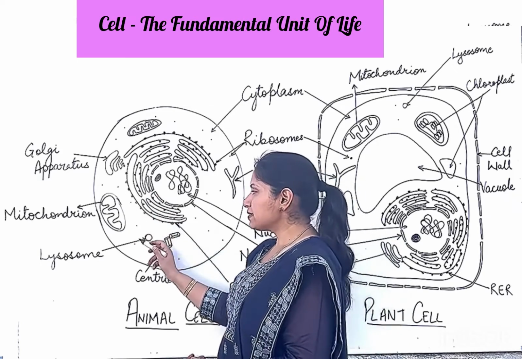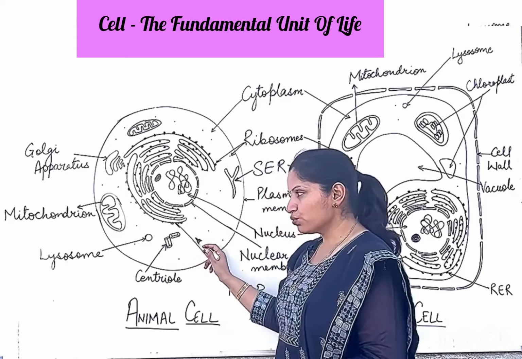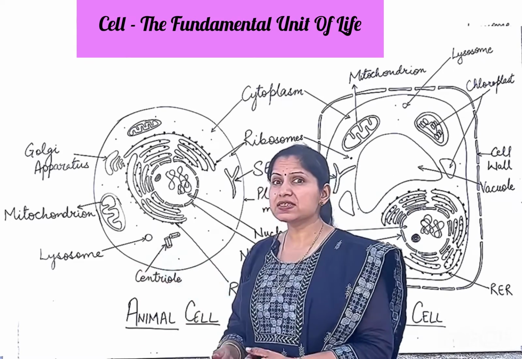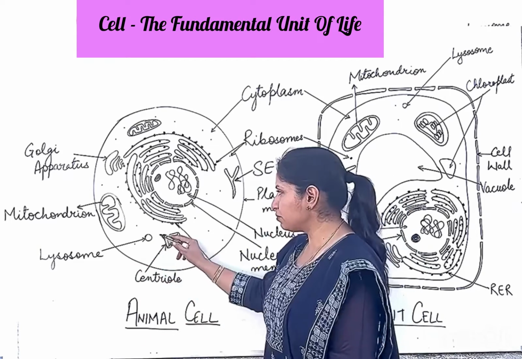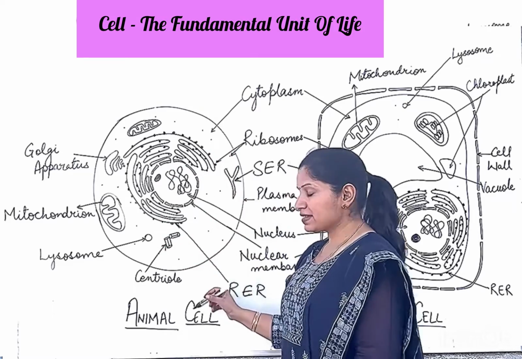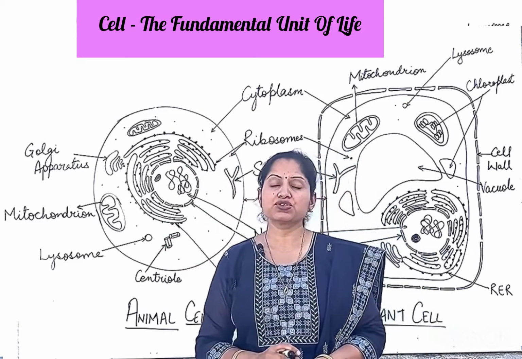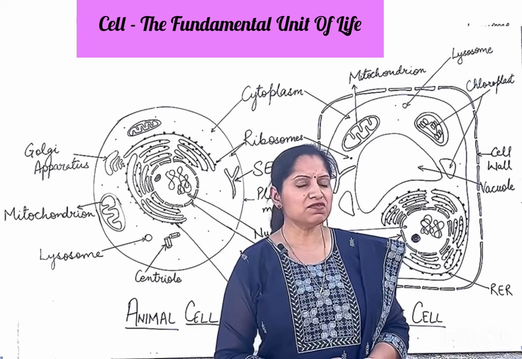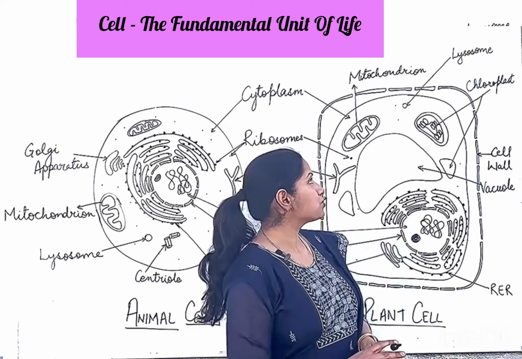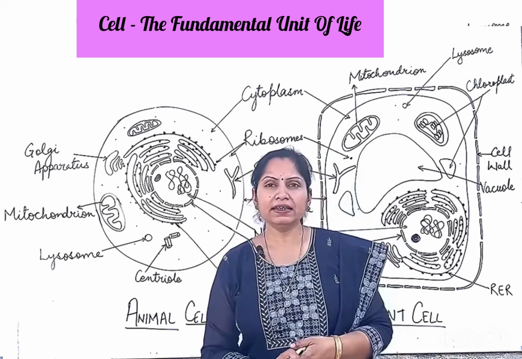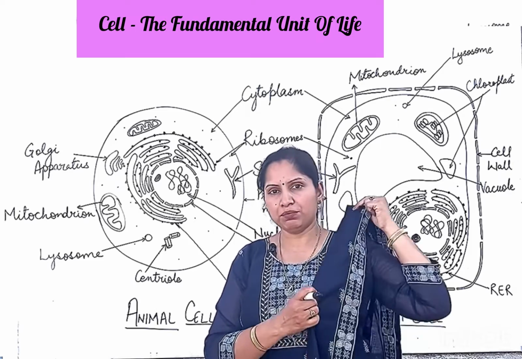Then in a cell there are lysosomes. Lysosomes are known as the suicidal bags of the cell that are present in an animal cell. In an animal cell, lysosomes are very important. In the case of a plant cell, they also have lysosomes in them, but they are not very important.